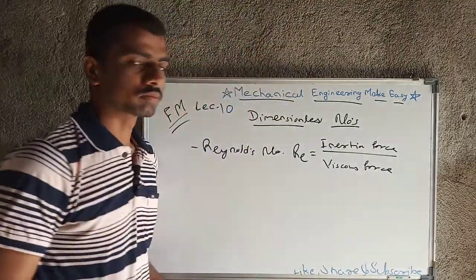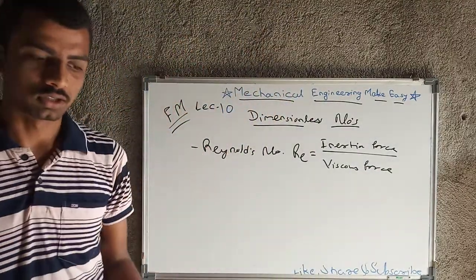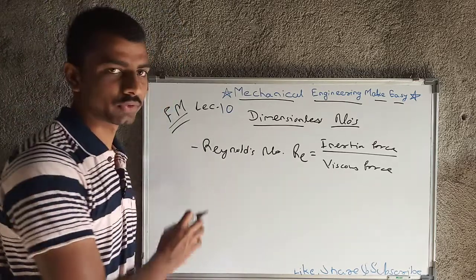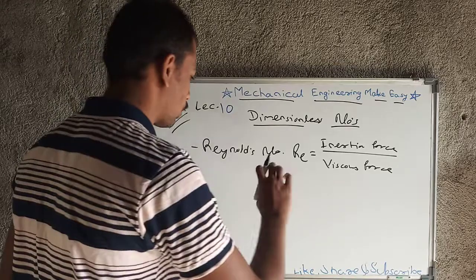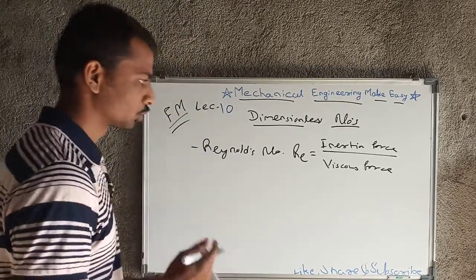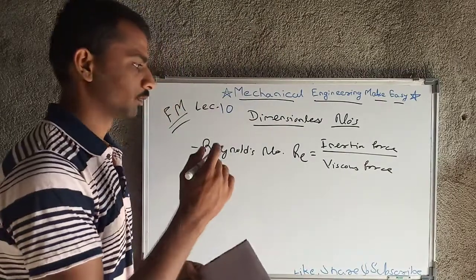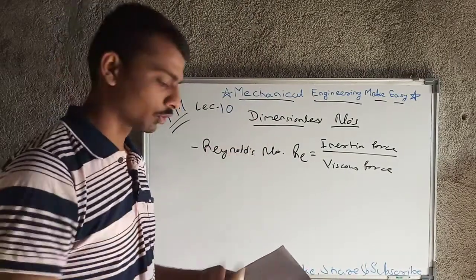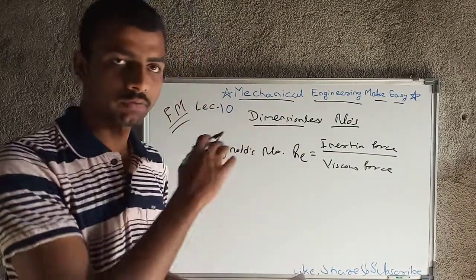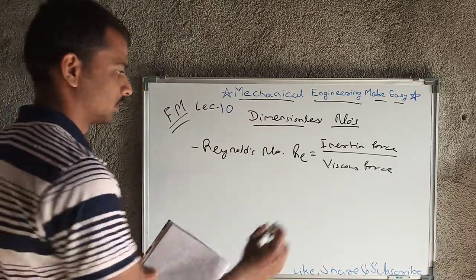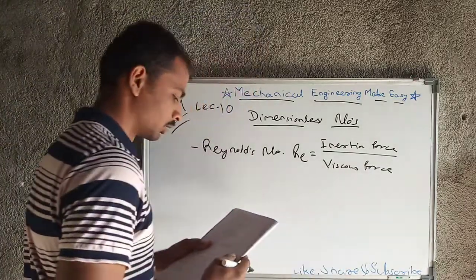From these 5 to 6 dimensionless numbers, you will always have at least one question. So all these dimensionless numbers are very important, and this concept is very important: Reynolds number is inertia force upon viscous force, Froude number is under root of inertia force upon gravitational force. Likewise, these terms they are going to ask in the GATE exam.